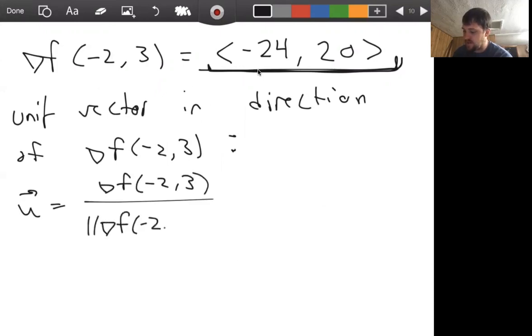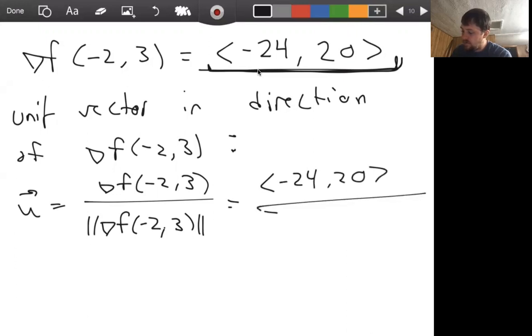Because if you'll recall, that's how we find a unit vector in the direction of another vector: you take that vector and then you scale it by 1 over its magnitude. And so this is going to be negative 24, 20 over the square root of negative 24 squared plus 20 squared.